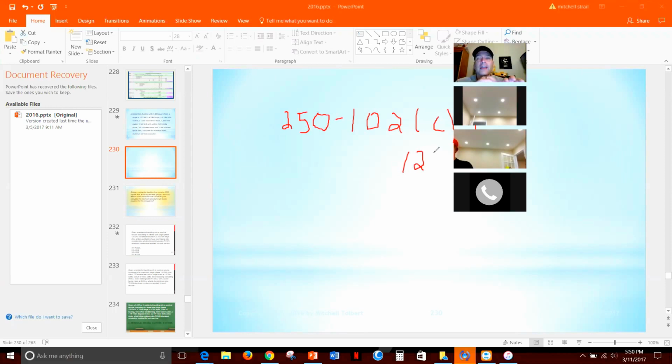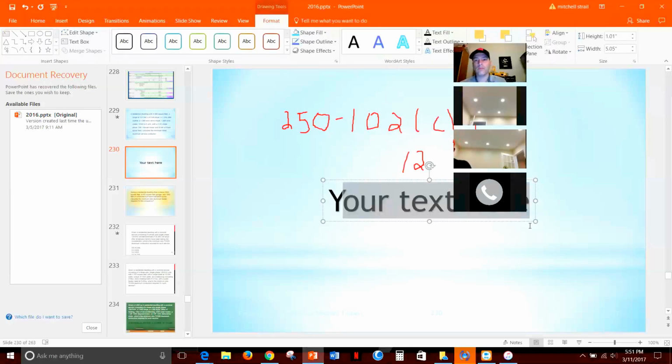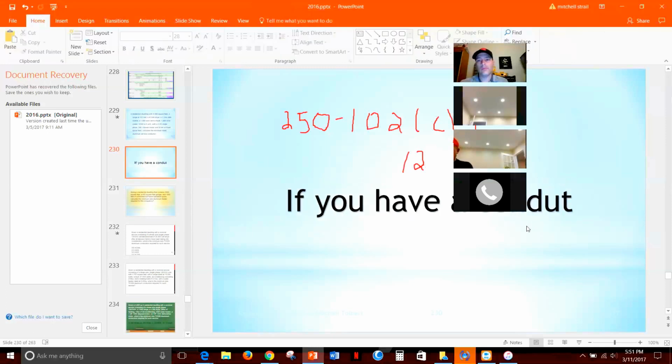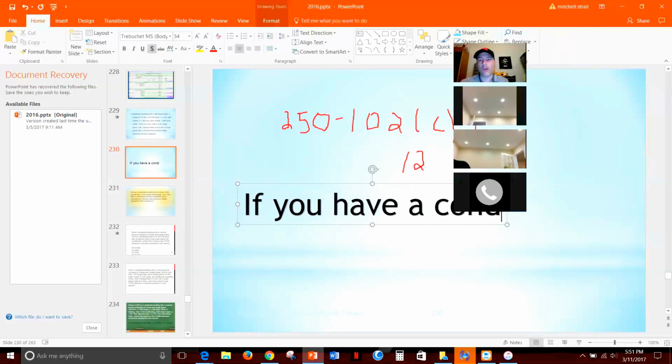The problem is that we had a math problem in the code book. So we had a rule that said if we have a conductor larger than 1100.